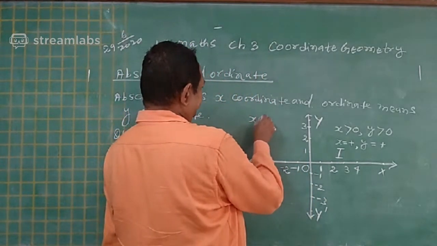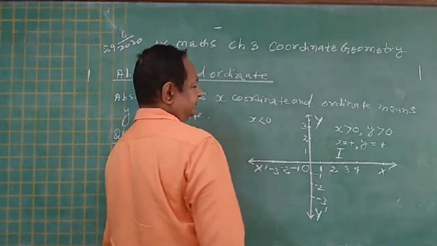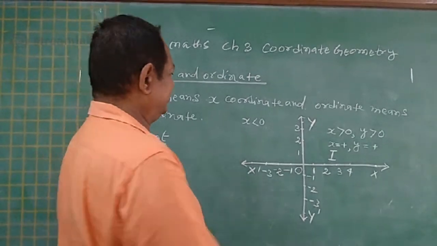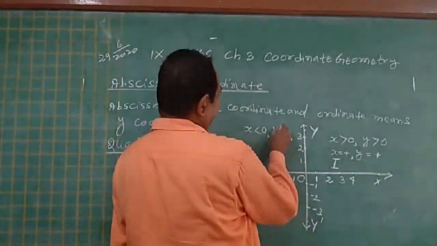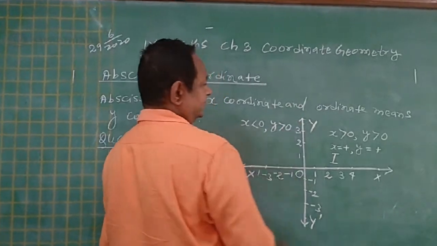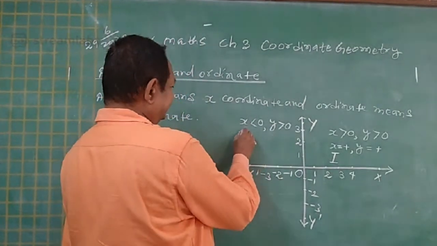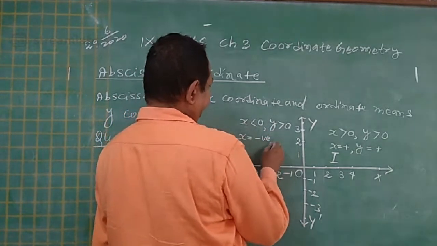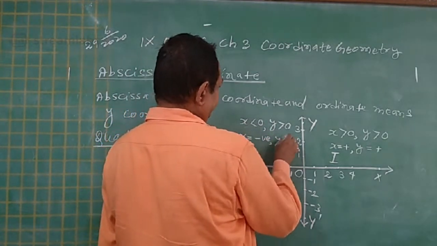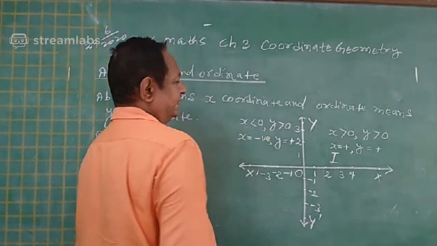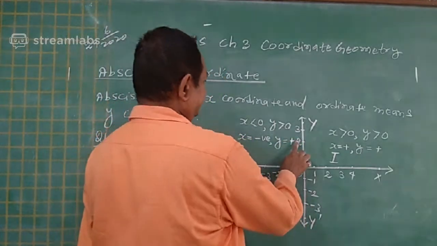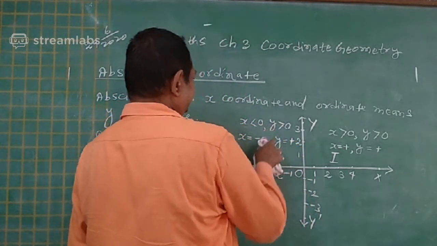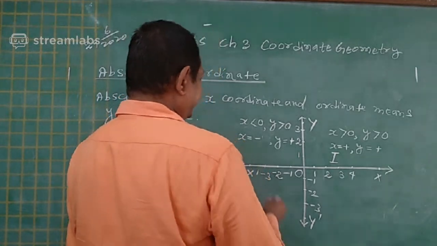X is less than 0. Negative integers are always less than 0. But y is greater than 0. So x negative and y positive. This is called second quadrant.